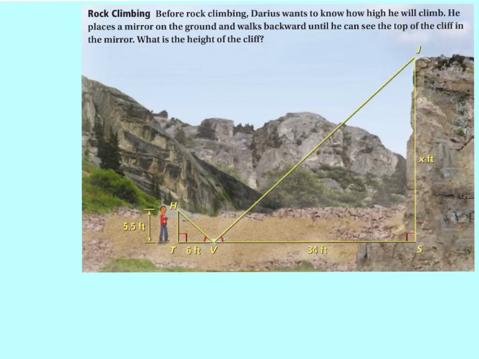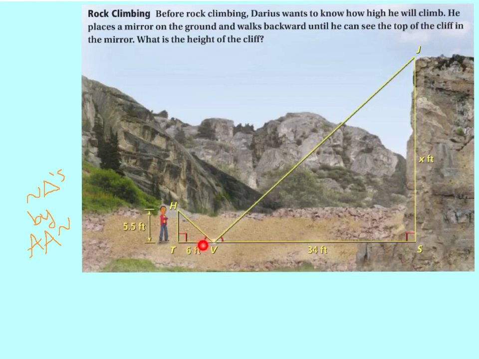Okay, so our first question is, are they similar? Well, here they tell me that I have two congruent angles, and I also have two right angles here, which means that yes, these triangles are similar by angle similarity postulate. So I have similar triangles by angle similarity, which means that my proportions of my sides are going to hold true.